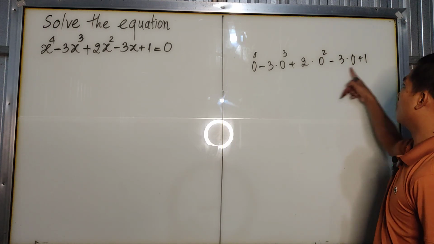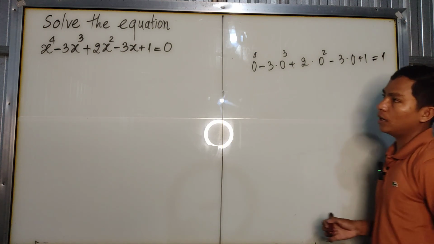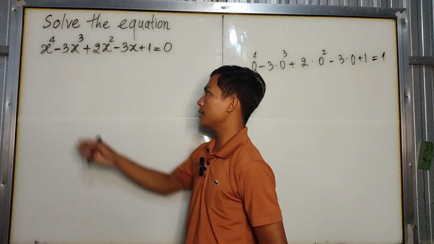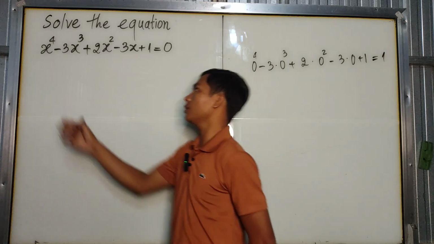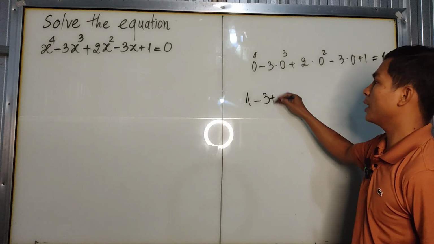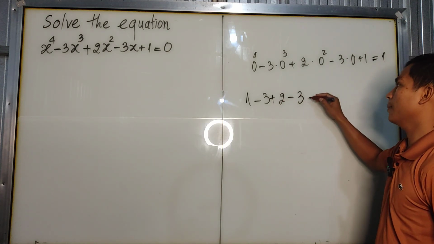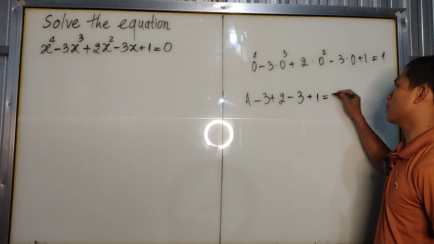So we get 1. And if we replace x by 1, we get 1 minus 3 plus 2 minus 3 plus 1 equals 0.